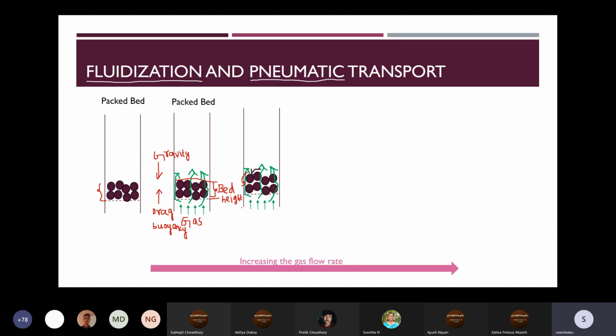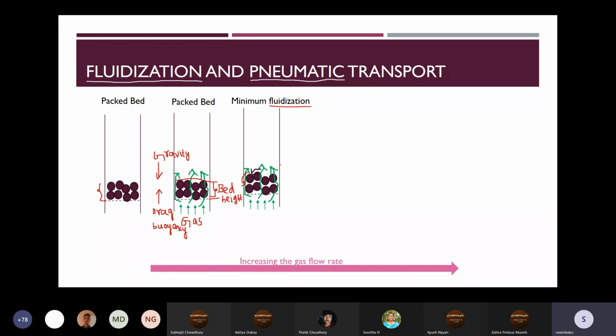When the particles move along with the fluid or behave like a fluid, that is called fluidization.